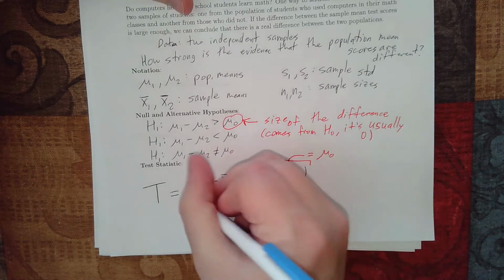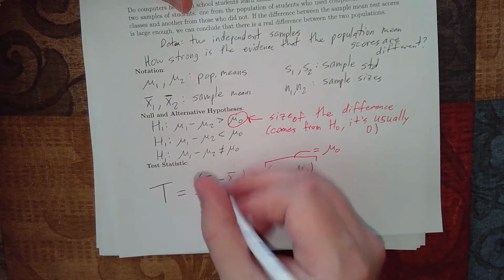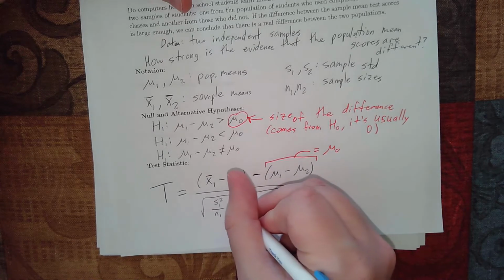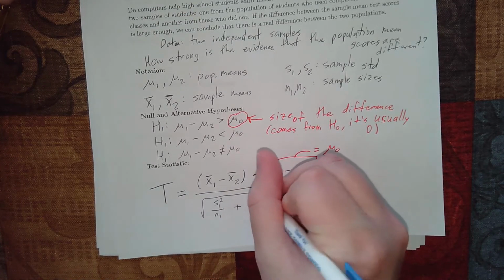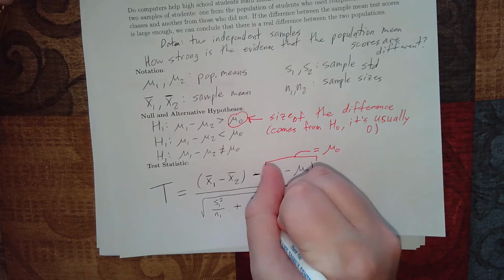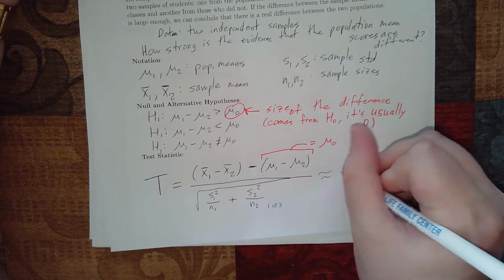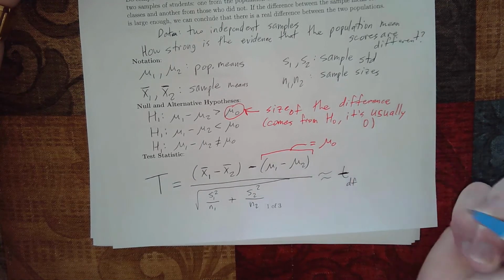And this gets divided by the square root of the standard deviation for the first sample squared over its sample size plus standard deviation of the second sample squared over its sample size. And this is approximated by our t-distribution with a certain number of degrees of freedom.